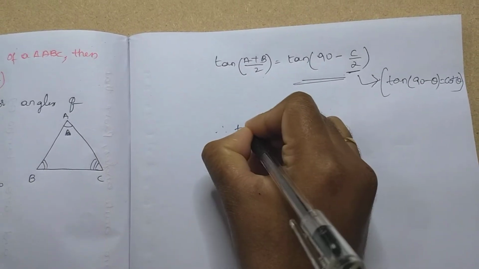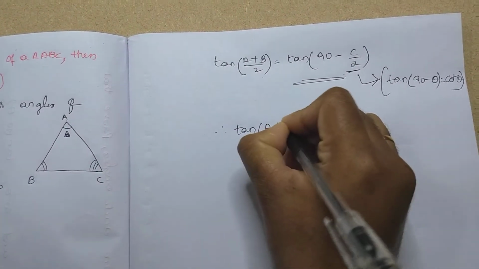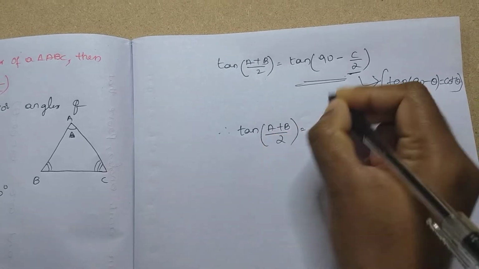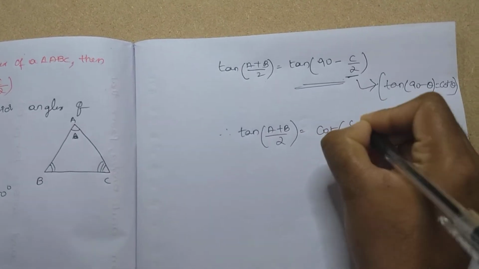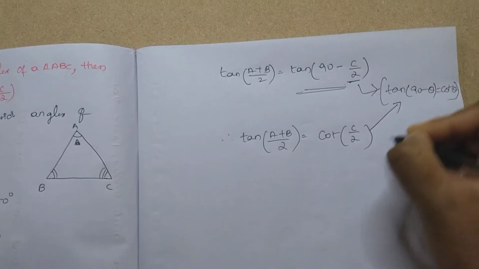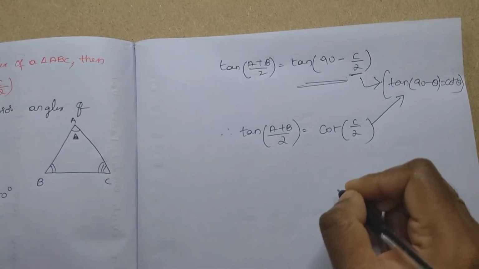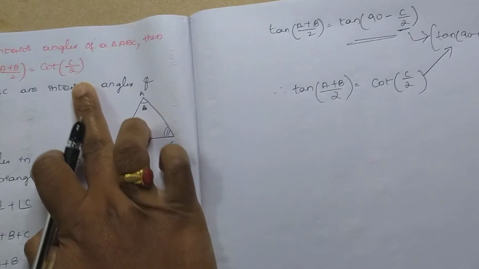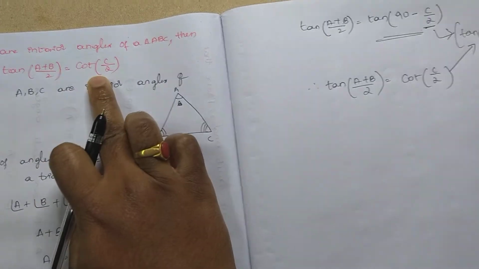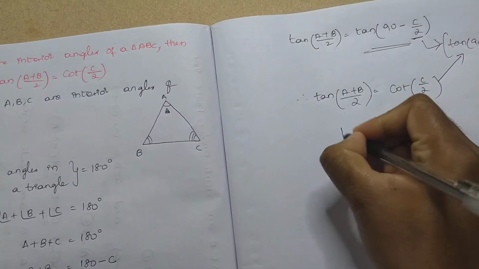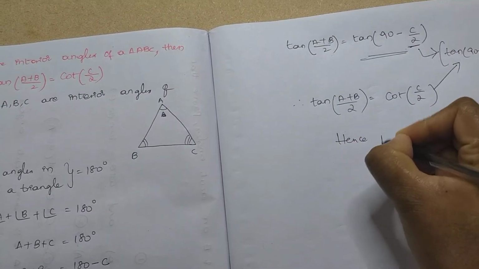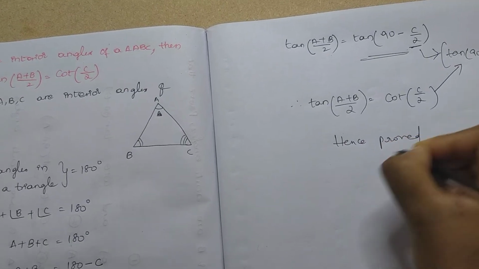Therefore, tan of (A plus B) by 2 equals cot C by 2. So this is what they asked us to prove. We got this. Hence proved. So this is the solution.